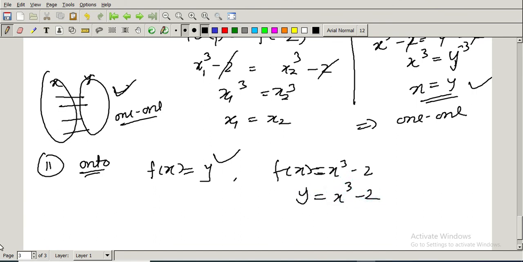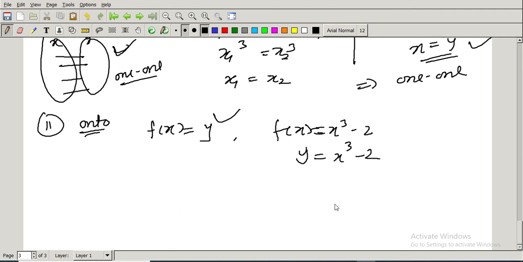Then x cube will be y plus 2, and x will be the cube root of y plus 2.